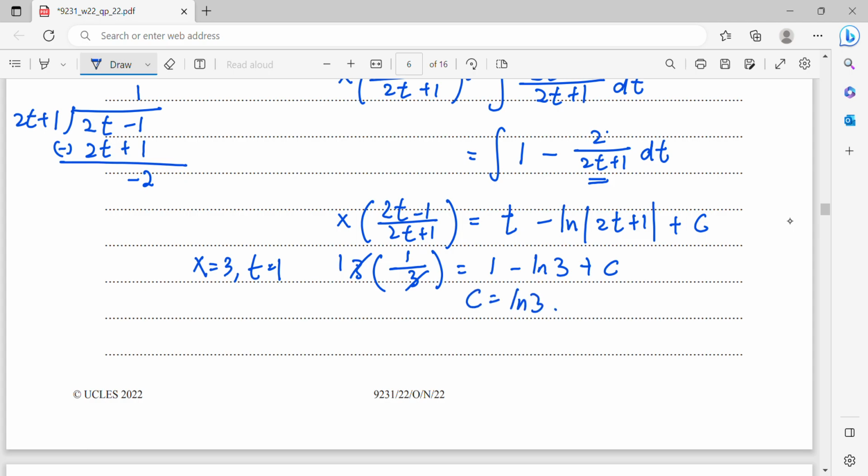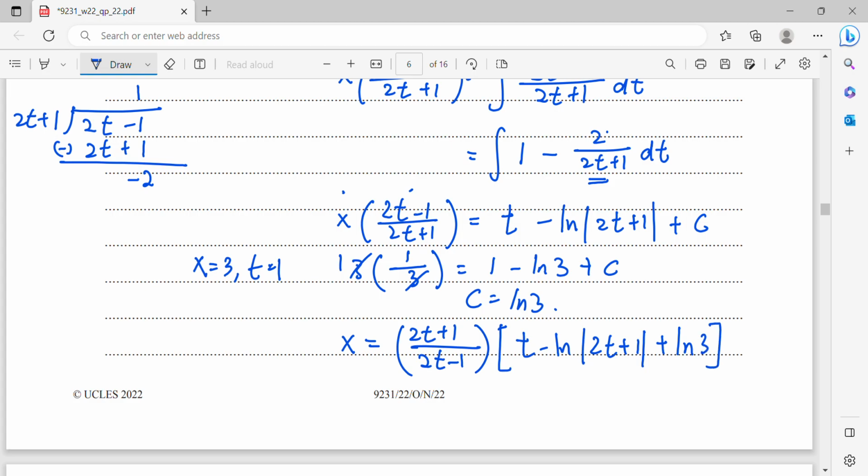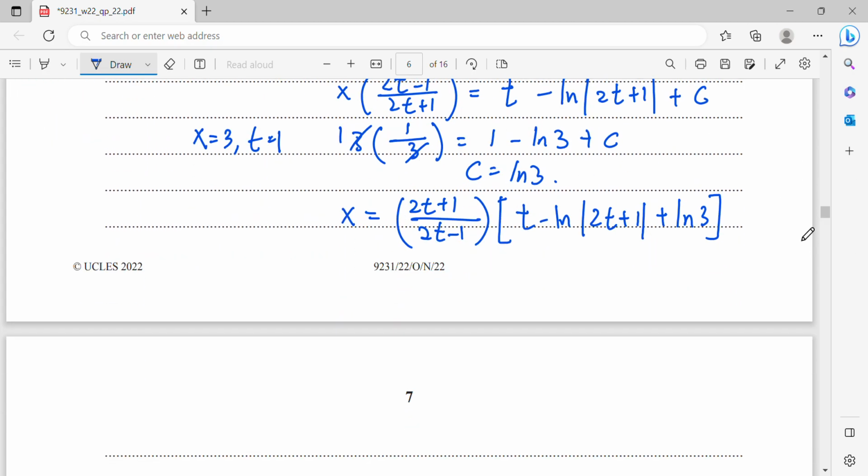Okay, so now replace, and at the same time to get the x, this term must be moved to the right side and swapped. So now I will get x equals 2t plus 1 over 2t minus 1 times t minus ln of 2t plus 1, then the c is ln 3. Okay, but since you have ln here, we may simplify.